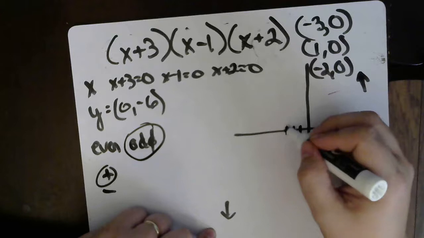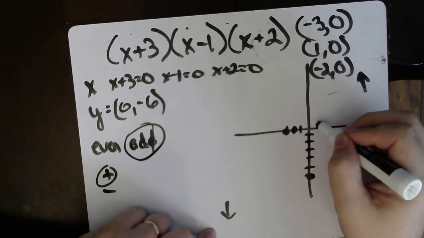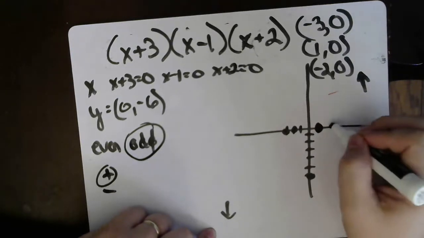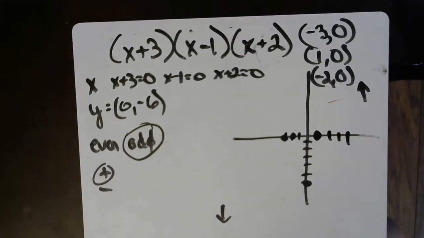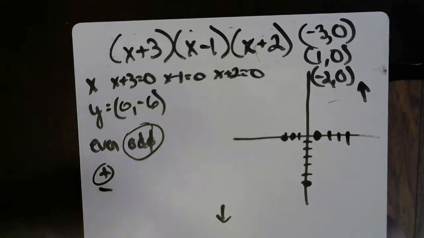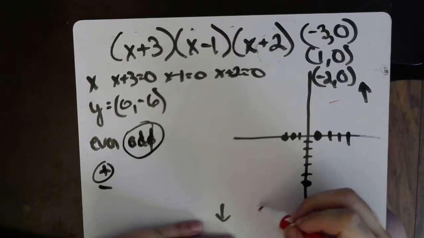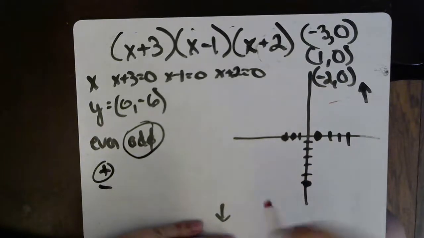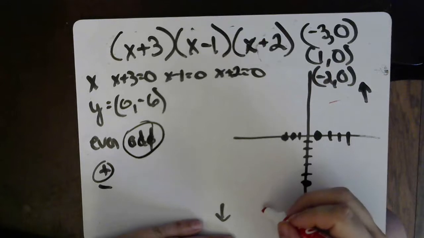1, 2, 3. So it's right there, right there. Boy, I made these really tight. Okay. That's right. So all we know is that they have to go through all these lines. Now, something else that we need to make sure we understand is that if it starts down here and it goes through 3 times, there has to be at least 2 turning points to make this work.